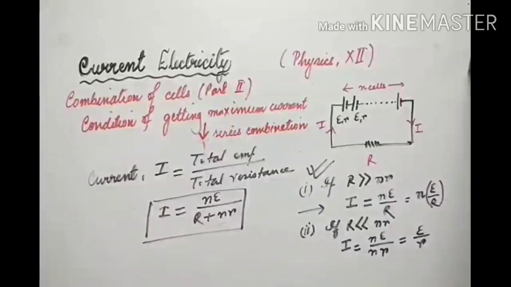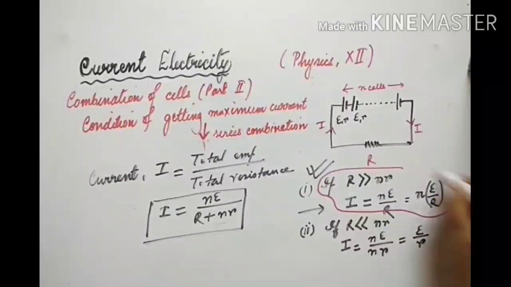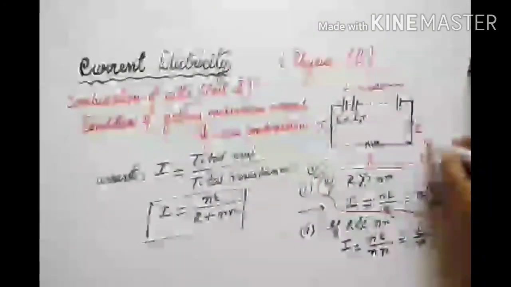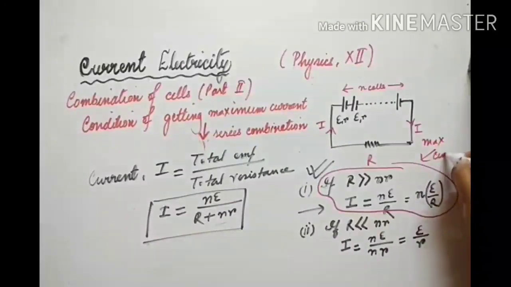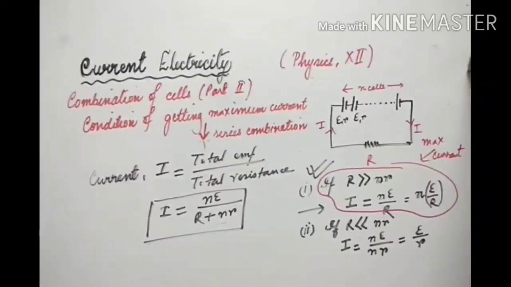So this is the condition for getting maximum current from the circuit: when R is much greater than nr.